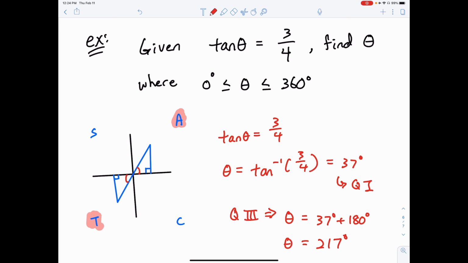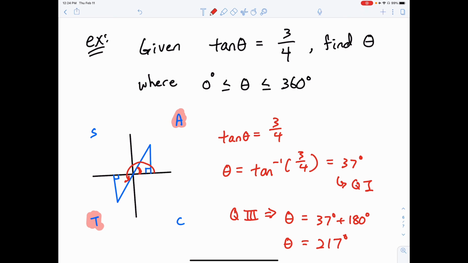So in actuality, your two answers are going to be based off of this angle here and also this angle here.